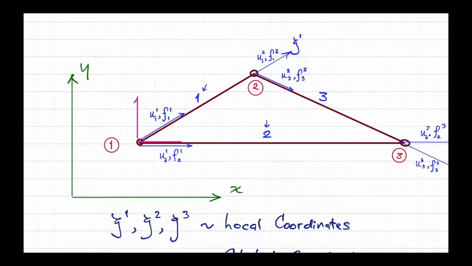You can see here that at node number 1 you have U1x, U1y.